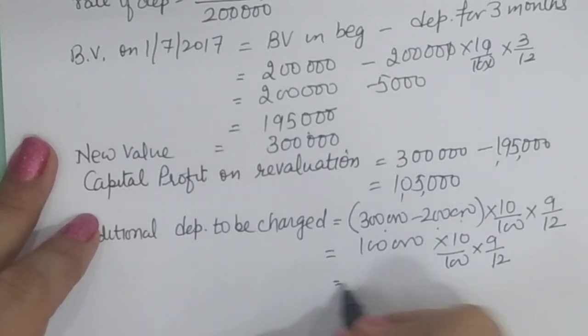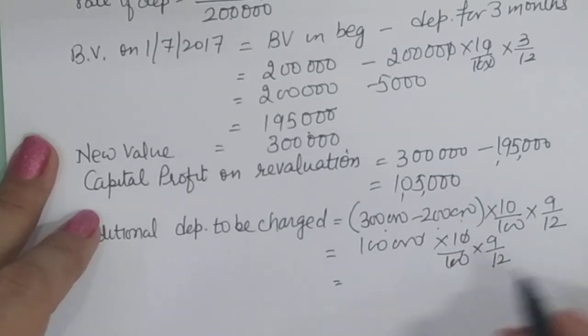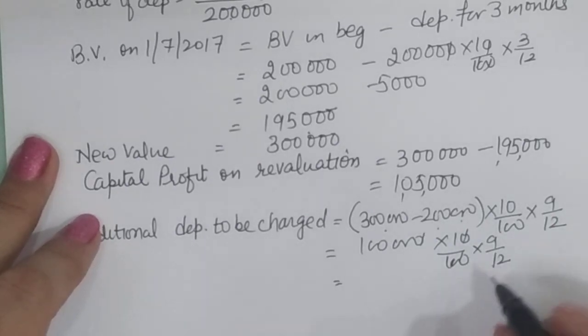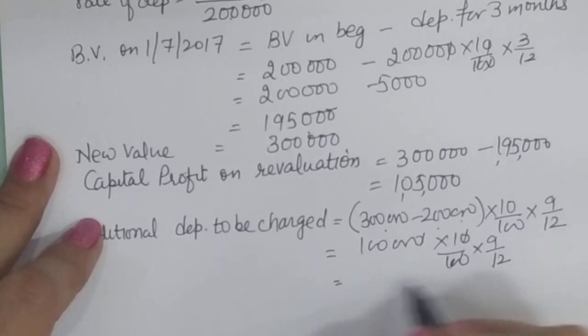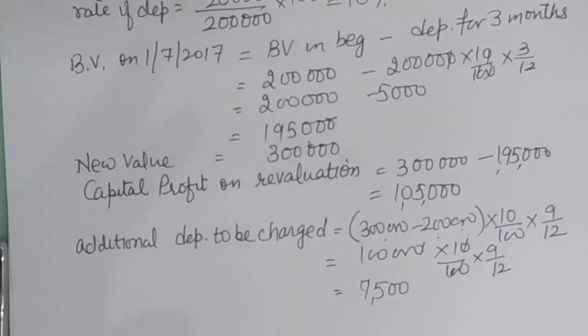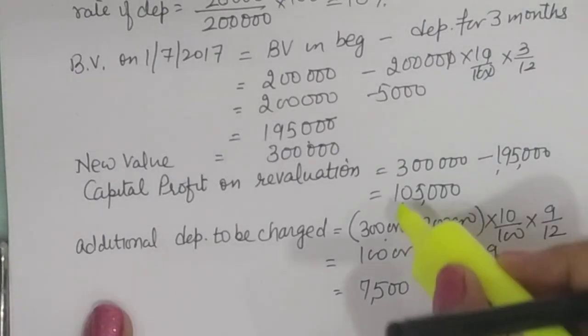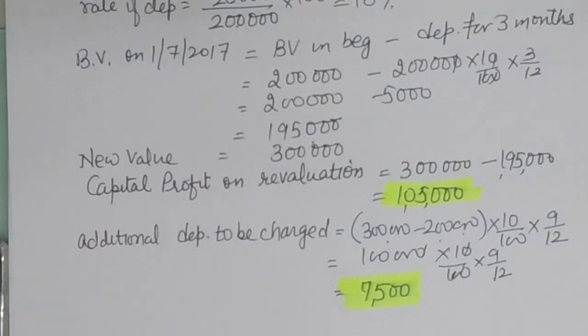We don't even need to remember the rules, the formula. Although formula has been given in the preceding video, you don't need to remember it if you follow the logic. So on this amount, depreciation is 7,500. So we have got two calculations here: capital profit on revaluation and additional depreciation to be charged.